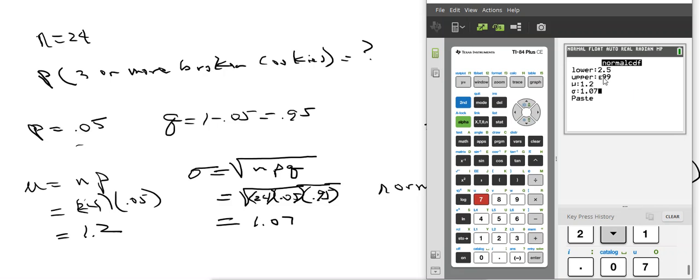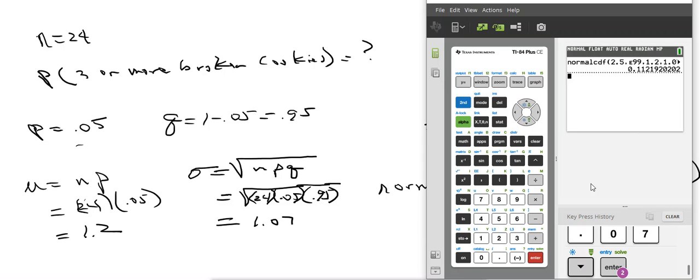Okay, so there's my shaded region, mean and standard deviation. Enter. Everybody should be there. And enter. So we come up with 0.11219, right? So we'll just round that to 0.11. That'll be close enough. Okay.